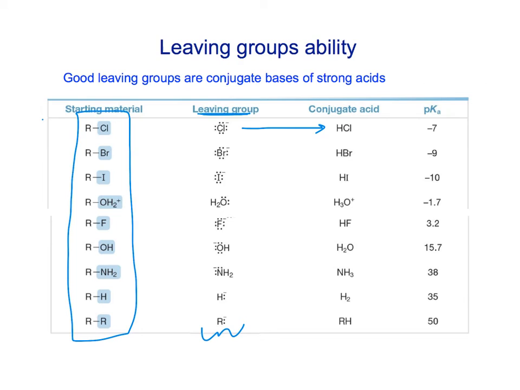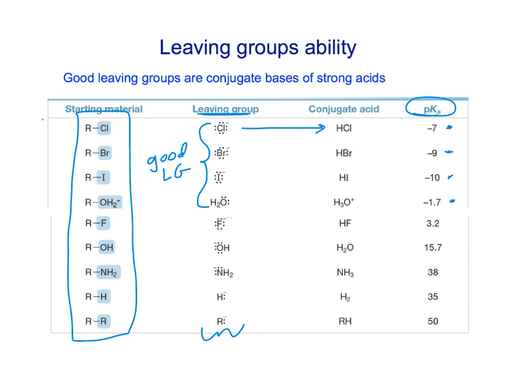And then we can look at the pKa value of that acid to see if it's a strong acid. If we have a pKa of -7, that's a very strong acid, -9, -10, -1.7, those are all very strong acids, and so these 4 right here are very good leaving groups because they are conjugate bases of strong acids. They can hold those electrons and be very stable.